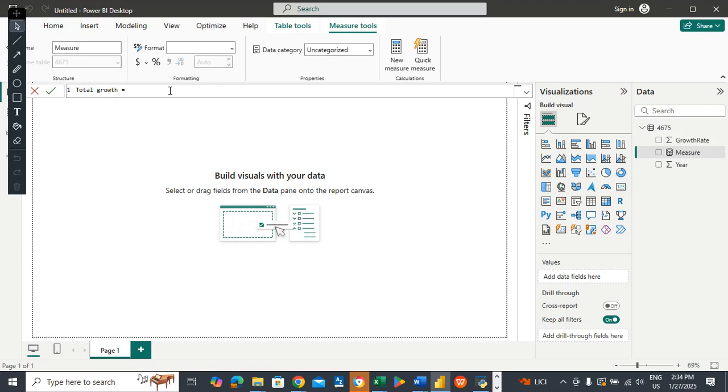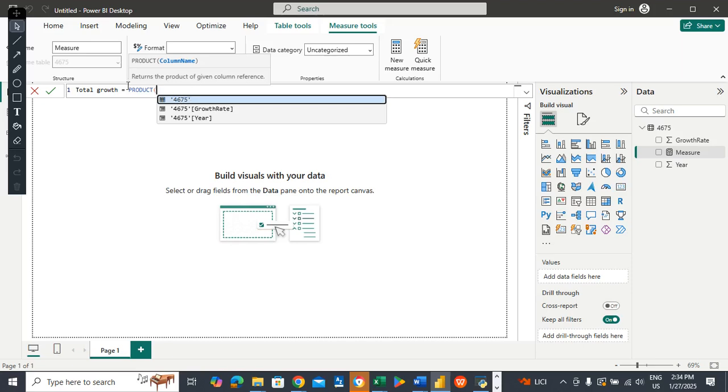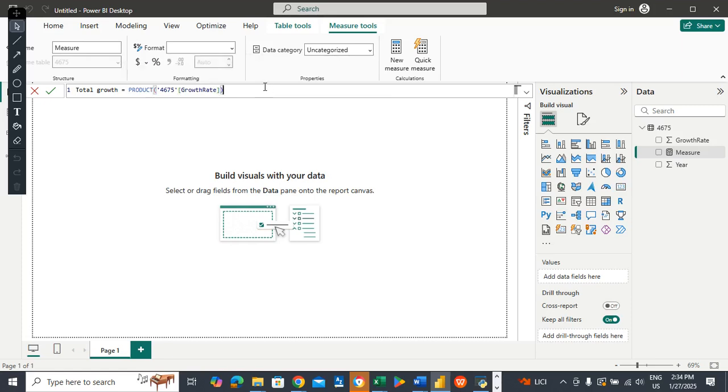Okay, so when you talk about compounding interest and things like that, right? So usually what it does is that it keeps multiplying itself, and that is the power of compounding. And the product rate is somewhat very similar to that. So that's when this DAX query is being used, to give you a very simple understanding.